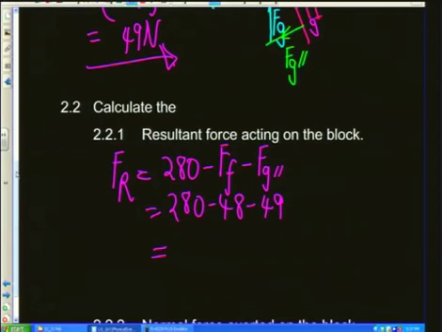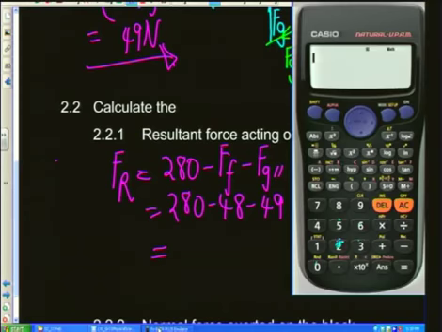Let's work out the answer to this one quickly. What does it work out to be? Anybody helping me there? The calculator, I think, is still not working. Let's just have a look at it. Okay, all right.